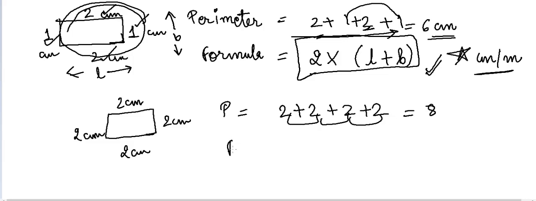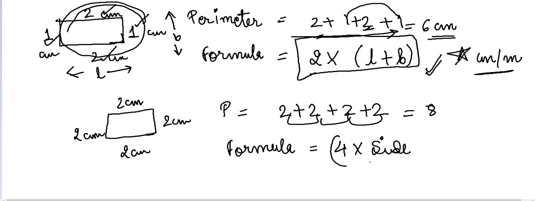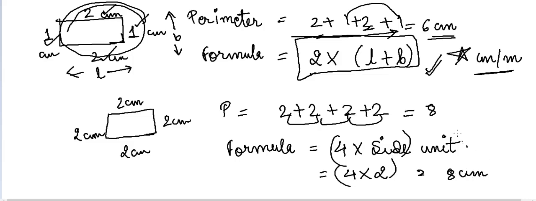We generalize it with a formula which says 4 into its side, with its unit. So 4 into side, that is 2, that is 8 centimeter. Always write the unit whatever is given in the question, as it will define your answer. So this is all about the perimeter.